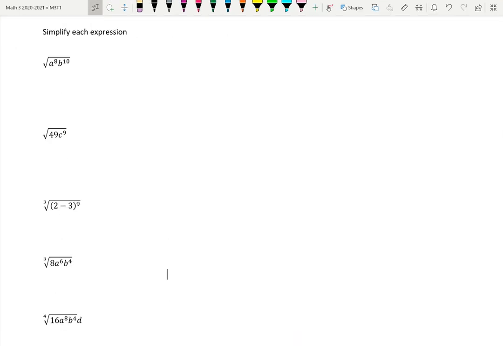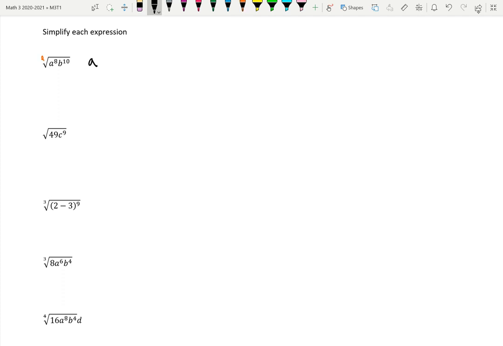Alright, so with radical expressions, the idea is we want to simplify the radical as if it was a fraction. Fractions you have to simplify by reducing. So in order to reduce this, I'm going to look at the index, and I see that there's no square root number, so it's going to be assumed to be 2.